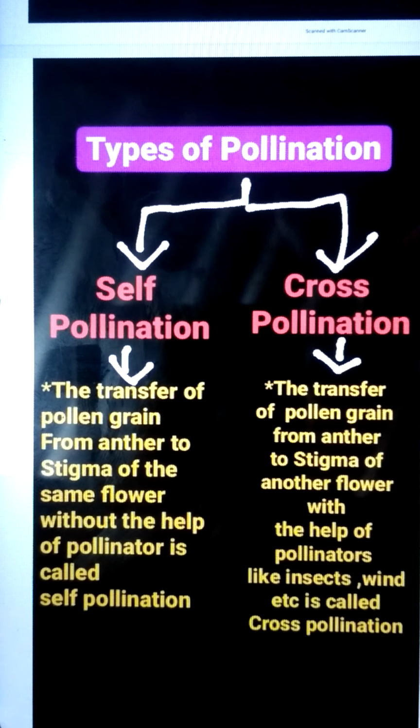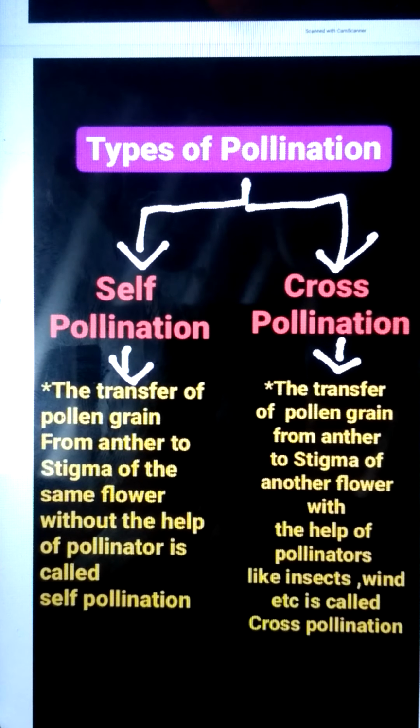Now, what is there in cross pollination? Let's see. The transfer of pollen grains from anther to stigma of another flower with the help of pollinator. It means, for example, the pollen grains from the anther of one flower are taken.